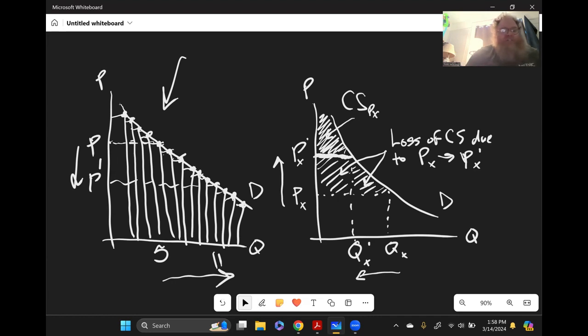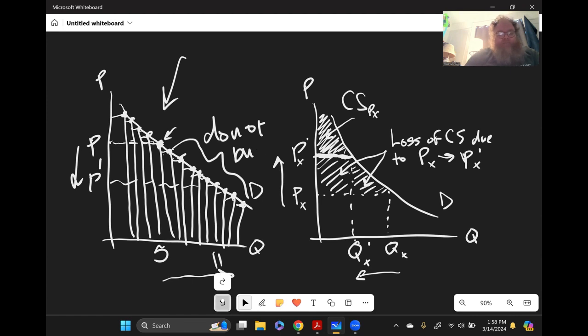So, for example, you can see at a price P1, which corresponds to this reservation price here, all of these people here do not buy. Why don't they buy? Because their reservation prices are below the price as it currently stands.